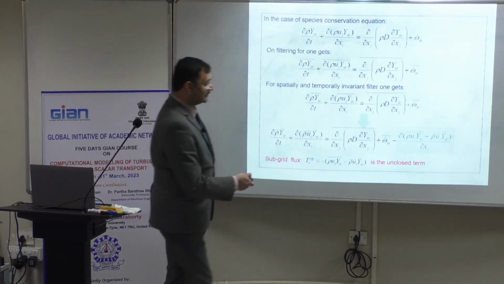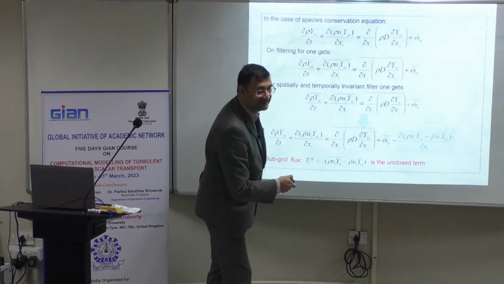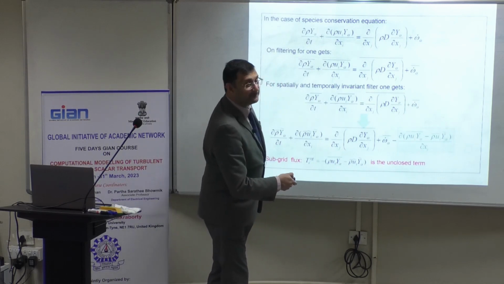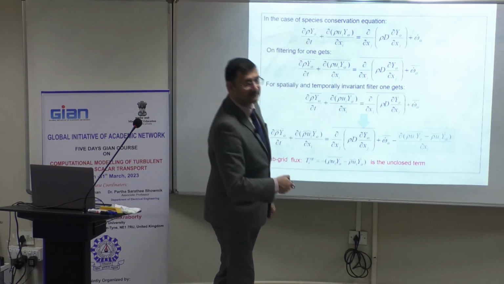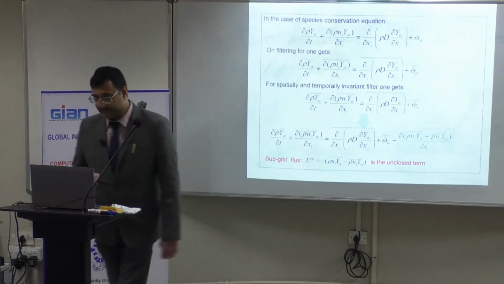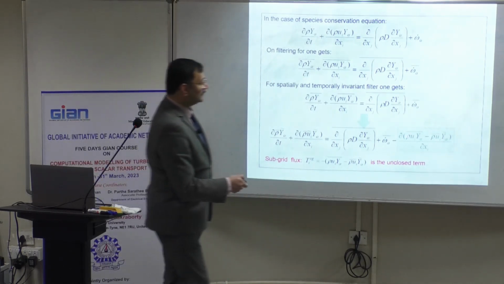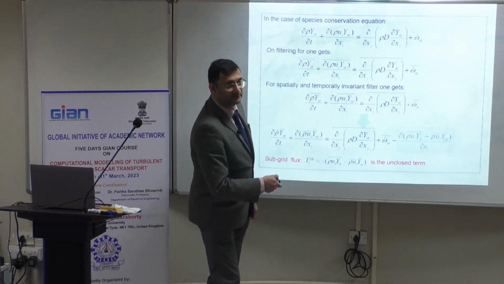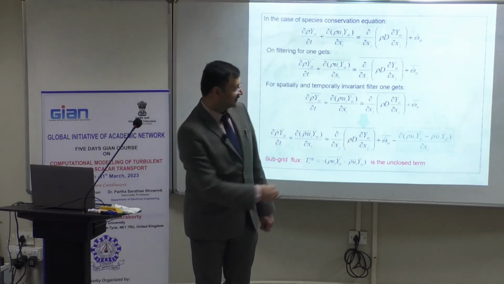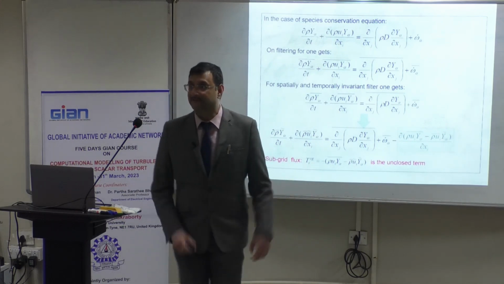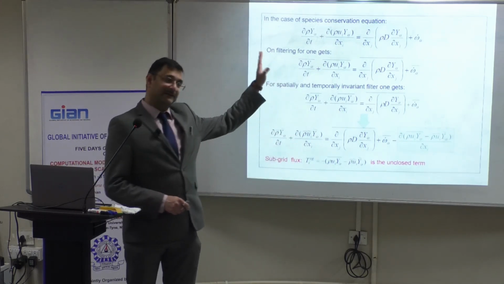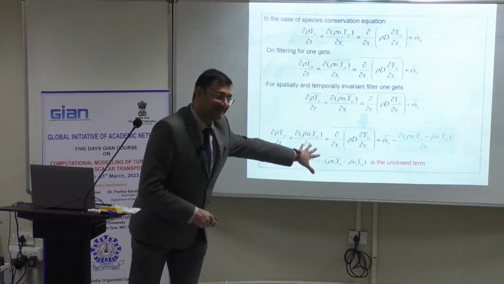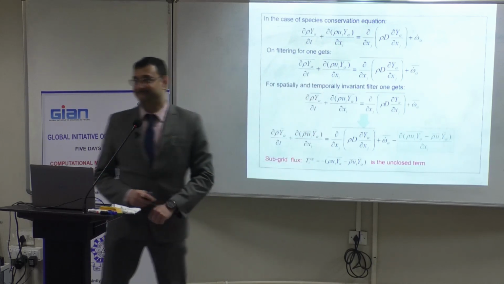Yesterday, in the context of RANS, we got the same thing as rho u prime Y prime. In the context of Favre averaging, it will come out to be, in the case of RANS, rho u_i double prime Y_alpha double prime. Exactly here. Okay? But it's unclosed, whether it is RANS or LES, you need modeling.